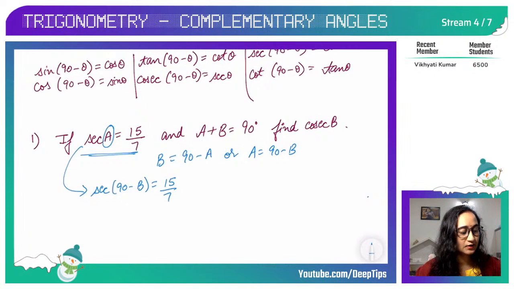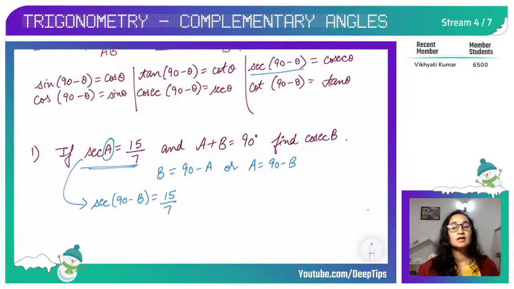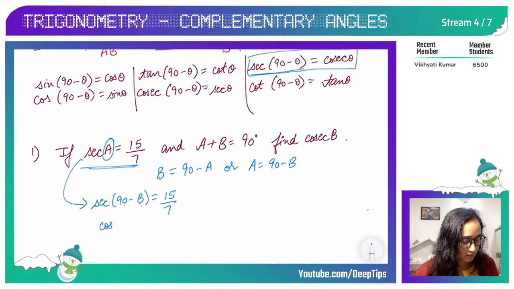Now if you look at the relationships, I have secant 90 minus theta equals cosecant theta. Here I have secant 90 minus B, so theta is B. So I can use this relationship, and secant 90 minus B becomes cosecant B. So cosecant B equals 15 by 7.